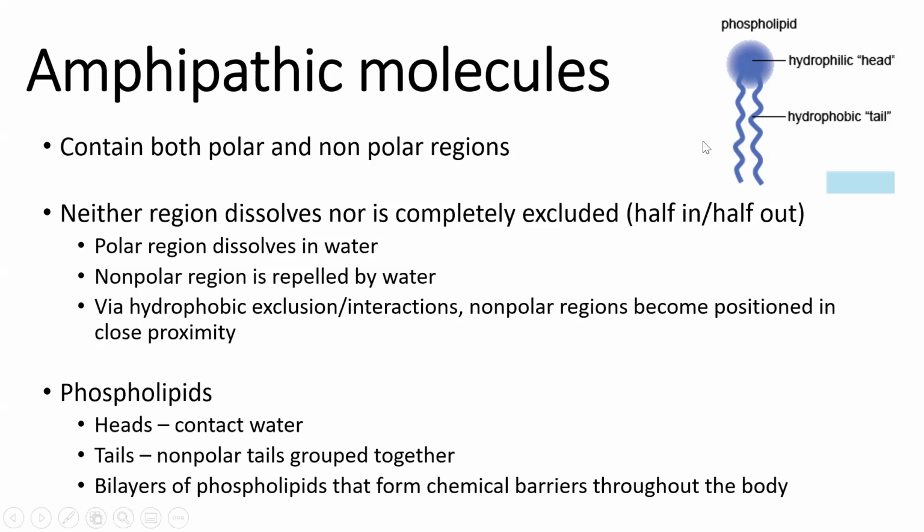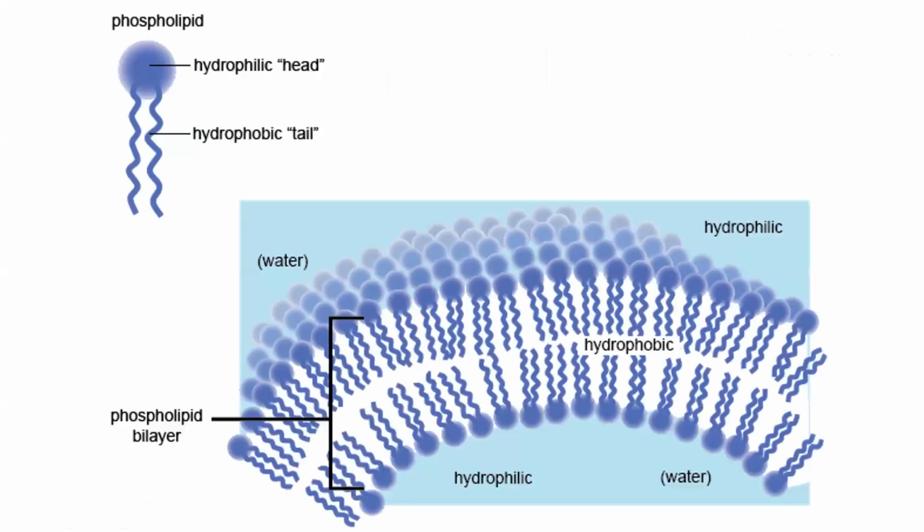With the phospholipid molecules, the heads are going to be in contact with water, so they will interact with water. The tails are going to be interacting with one another. They don't want to touch the water. The bilayers are going to form, and that's going to help protect our cells from harmful structures getting in. We'll talk about that later on.